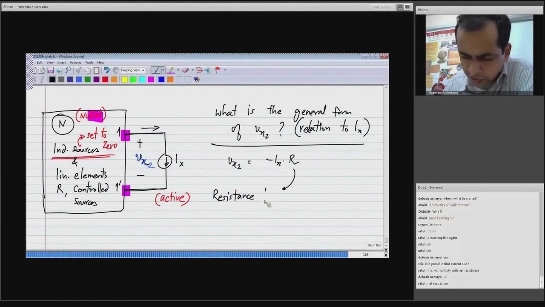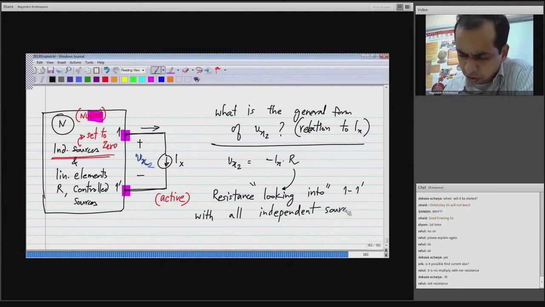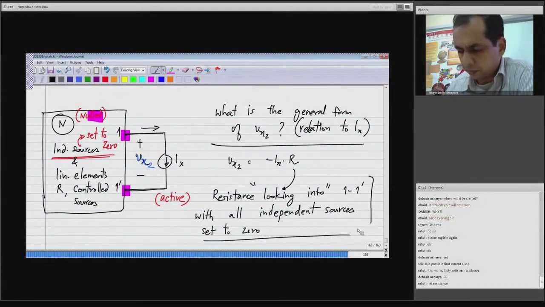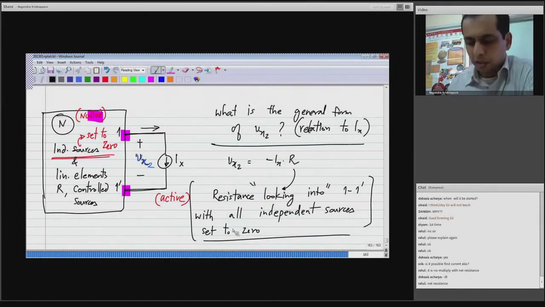It is the resistance, I will say, looking into 1, 1 prime with all independent sources set to 0, okay. So that's the resistance of the network N looking into the terminals 1, 1 prime.